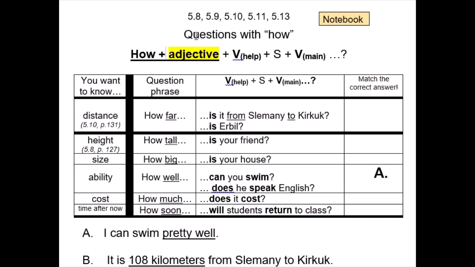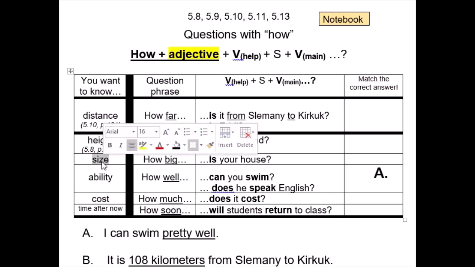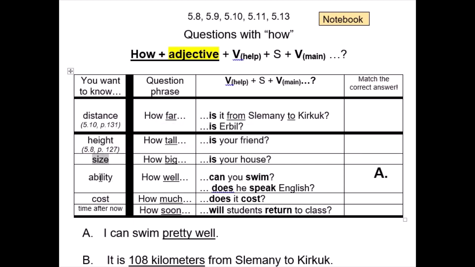Sometimes you need to ask information questions to get these details, like the distance of something, or the height, or the size, the ability, the cost, and what time after now that something happens.